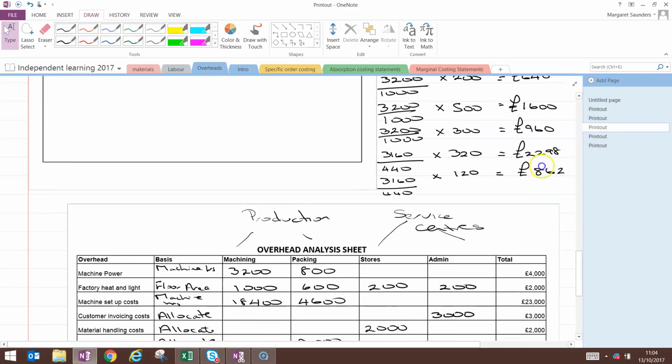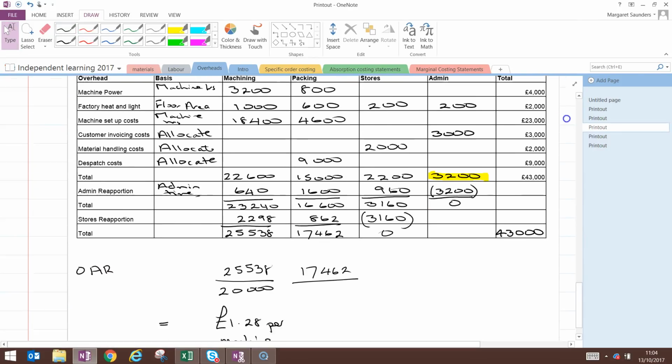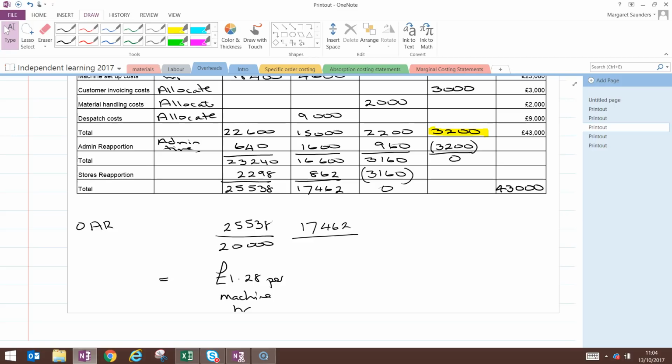So dividing by 7,000, and that gives us £2.49 per labour hour. So that is the overhead absorption rates calculated.